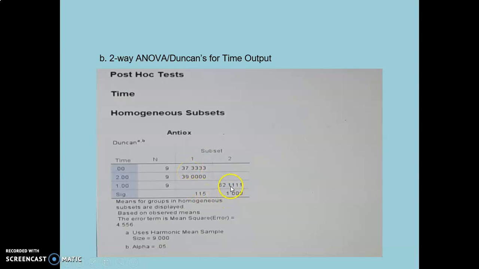While for 1 hour of heating, the mean is in another column. So there is a significant difference between the means of 0 and 1, and also between the means of 2 and 1.